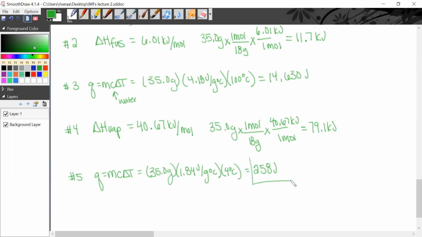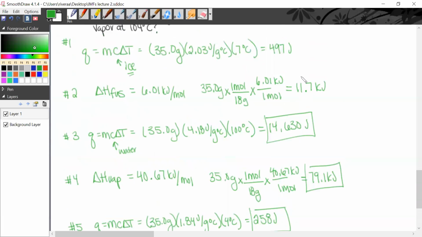Whew. So we're done. No, we're not. We have to add all these together because I asked for the total amount of heat needed to do all of this nonsense. So just watch your joules and kilojoules, shall we? I'm going to change everything to kilojoules.